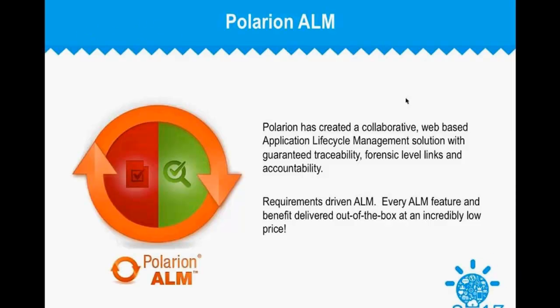I see that there might be someone on the call who are not really familiar with our solution. So Polarion ALM. Polarion is a privately held company. We have released our first product in 2004, and since the beginning we were really a kind of a leading innovator in the area of web-based application lifecycle management and requirements management.